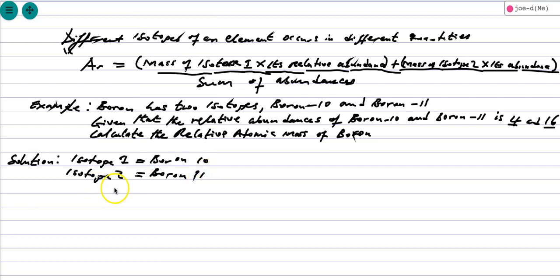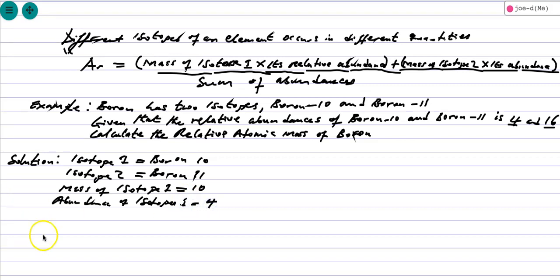Great. Now, what is the mass of isotope 1? The mass of isotope 1 is 10, and the abundance of isotope 1 is 4.